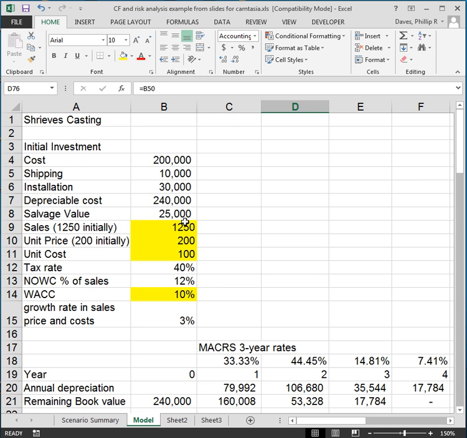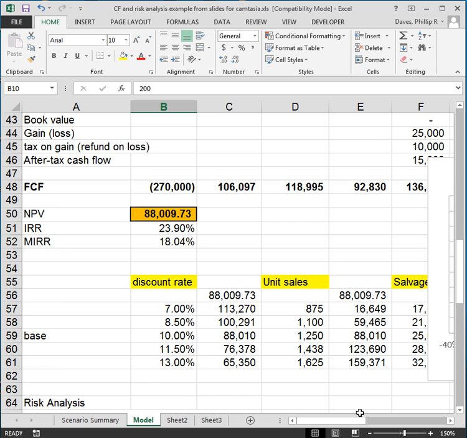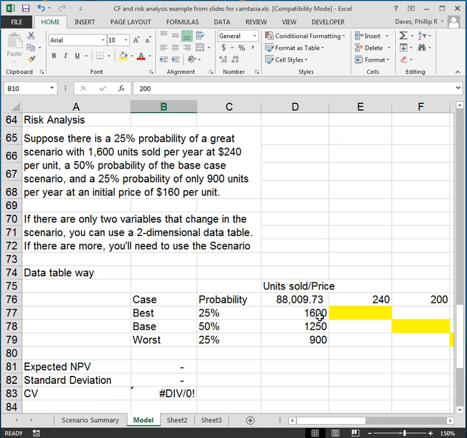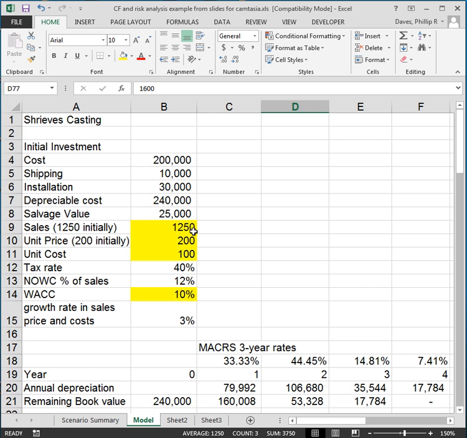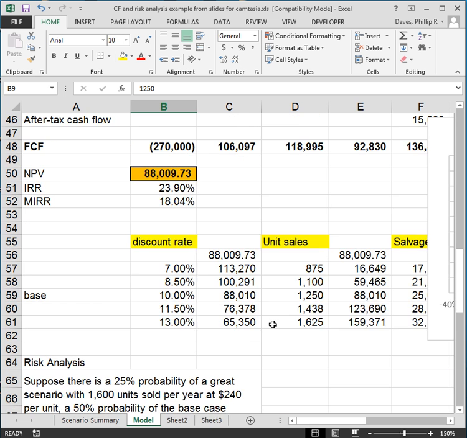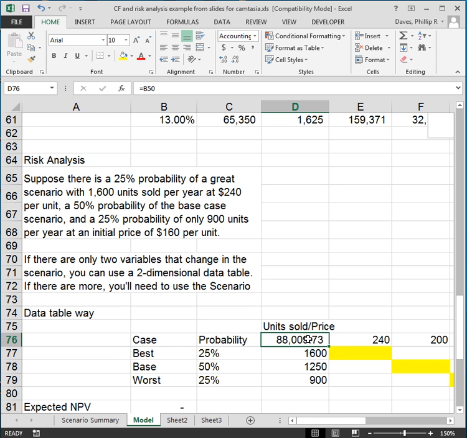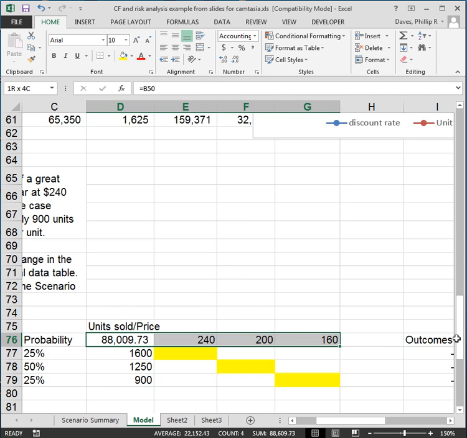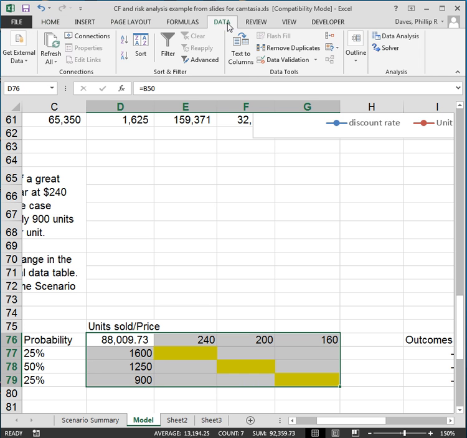unit price. And we're going to tell Excel to plug in 1,600, 1,250, and 900 for the number of units sold. And we're going to do that with a column input cell and a row input cell. So let's go ahead and highlight this. And we're going to do data.